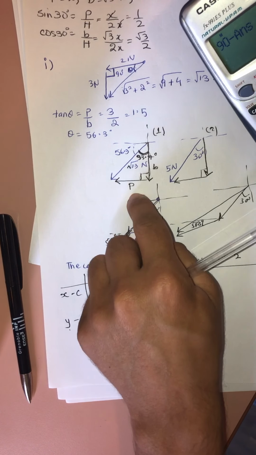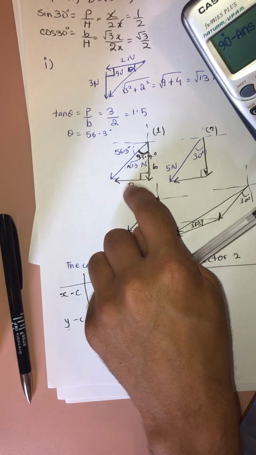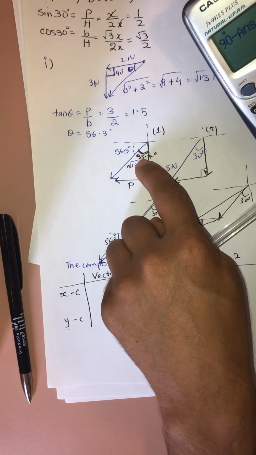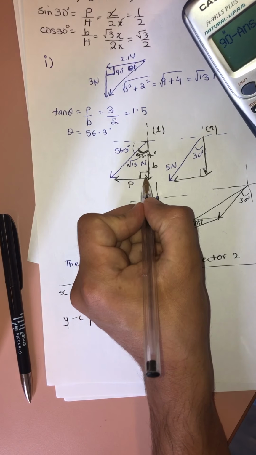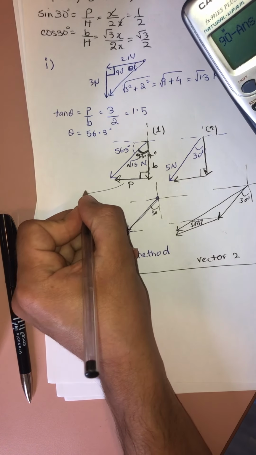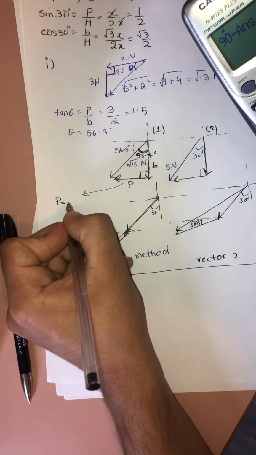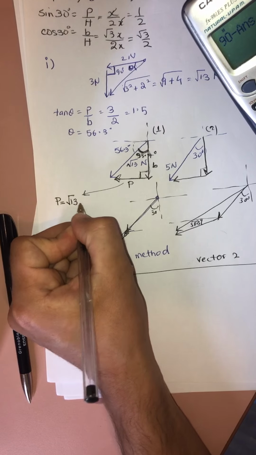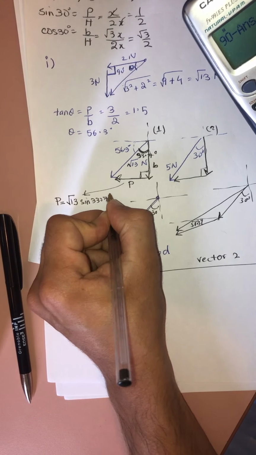So to find the perpendicular, we know that perpendicular is hypotenuse sine theta. So this side P is equal to hypotenuse, which is under root 13, sine 33.7 degrees.